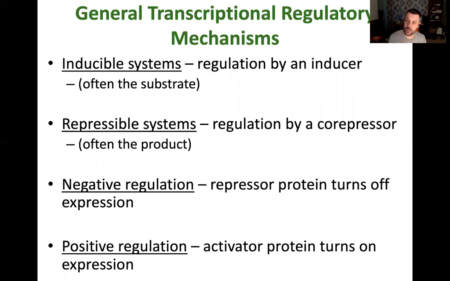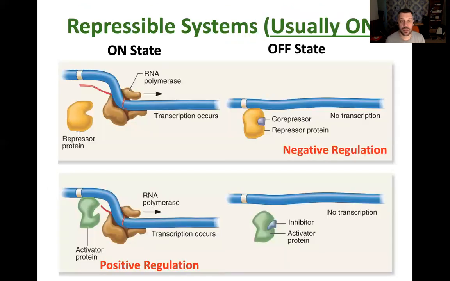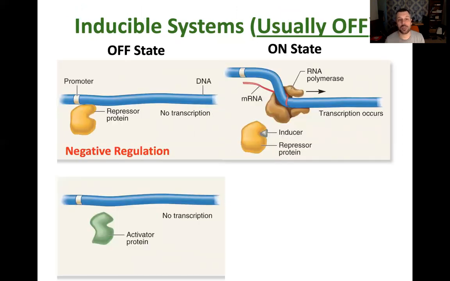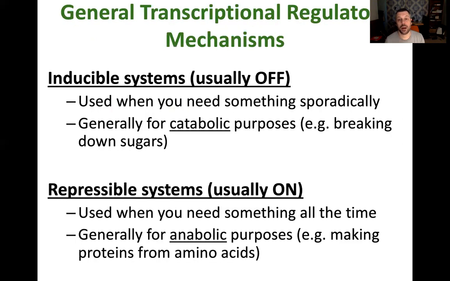I know that sounds confusing, but here's how I ground myself when I'm thinking about these things. If I go back a couple of slides, when I'm addressing systems like this, I just think about what the names mean. If a system is inducible, it means it's usually off. What does that mean? It means it's either bound to a repressor all the time, or it is not bound to an activator.